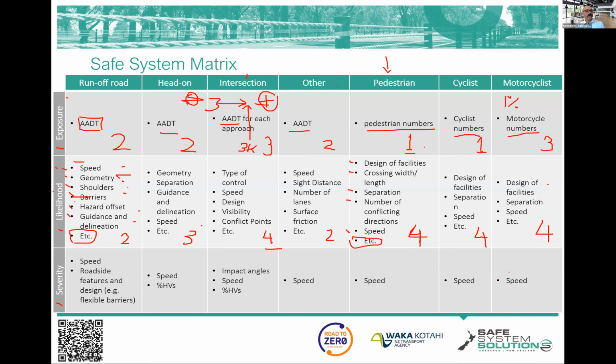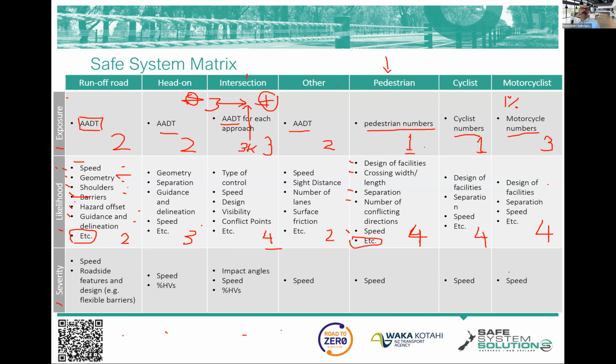So where you can use crash history a little bit is, once you get your final scores, you could check crash history and see if it generally aligns with that. But a safe system audit is not about crash history.